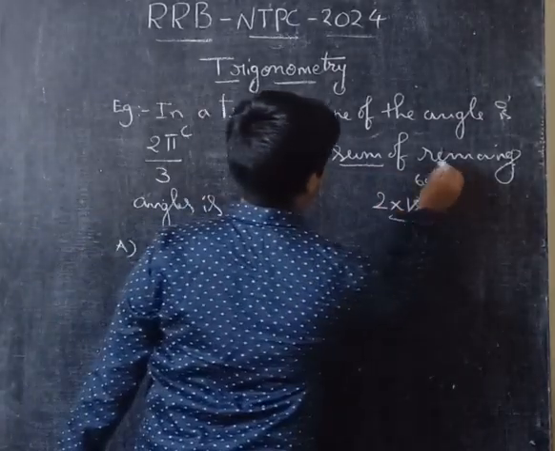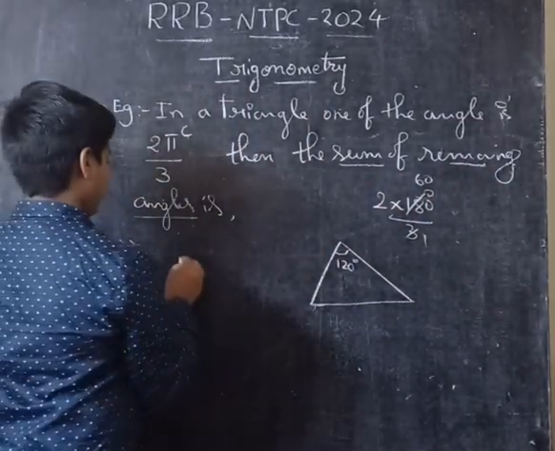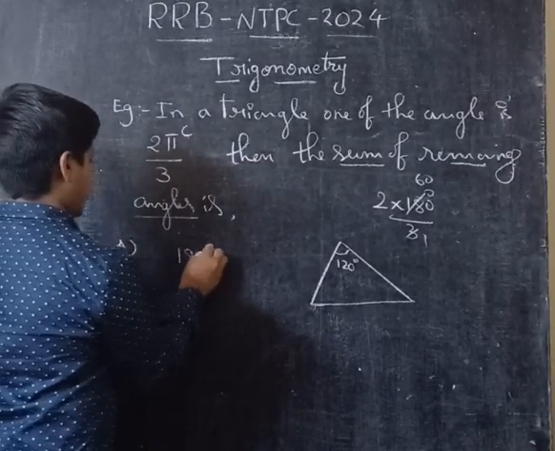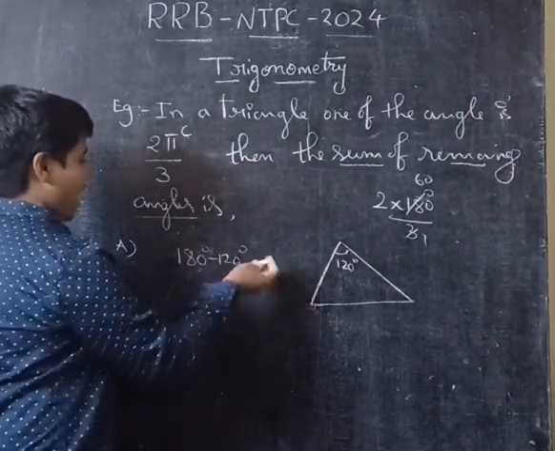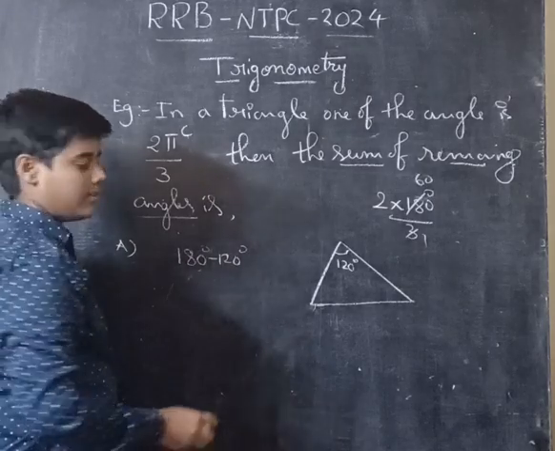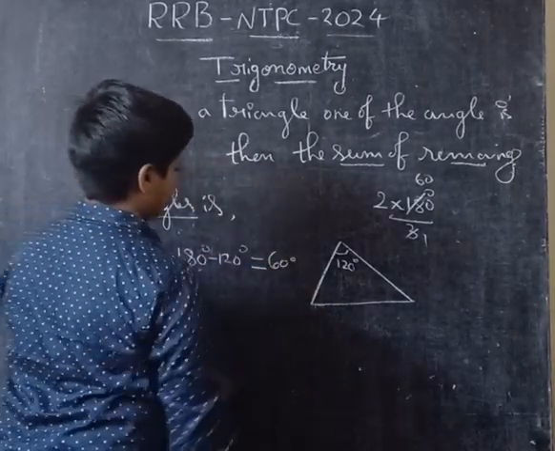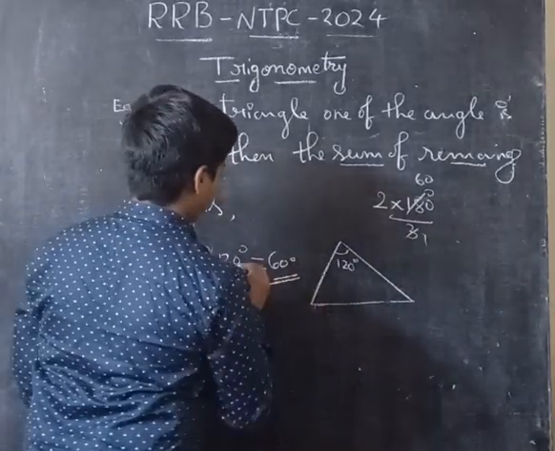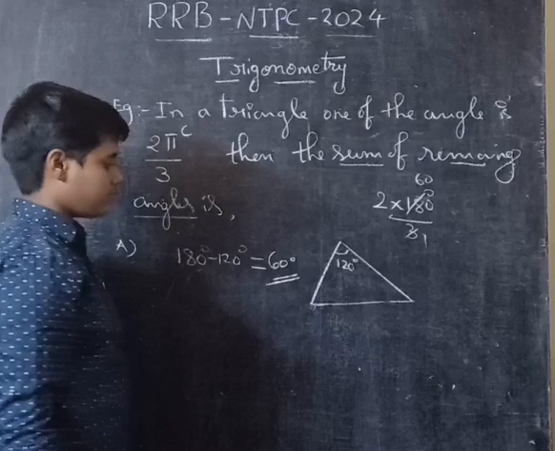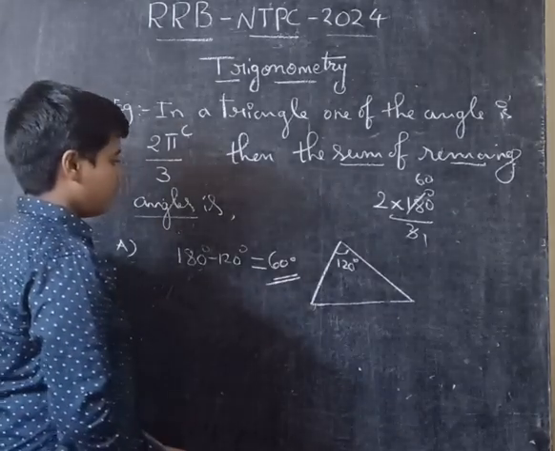Then the sum of the remaining angles, we have to subtract: 180 minus 120 is 60 degrees. So the remaining two angles sum to 60 degrees. So this is the answer. This is one example.